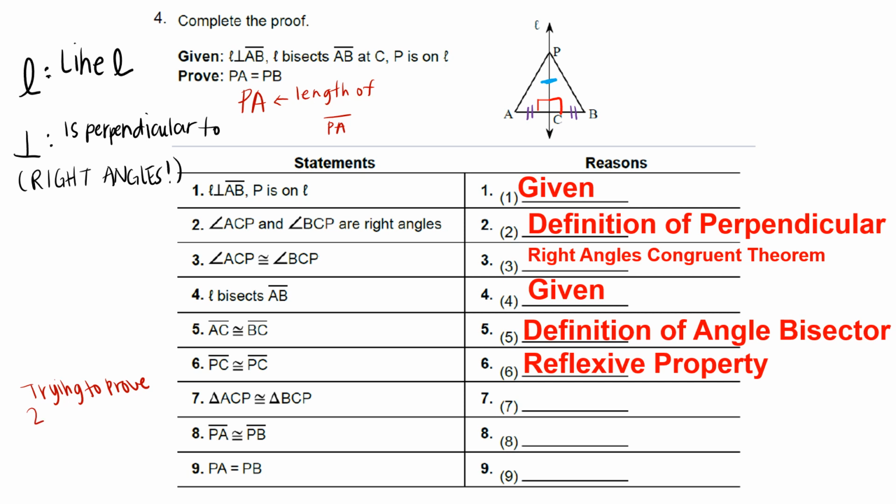When you're trying to prove that two triangles are congruent, remember the tools we have in our toolbox? Those are the four postulates, right? So you're thinking of the four postulates.